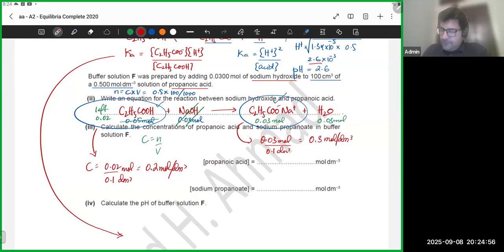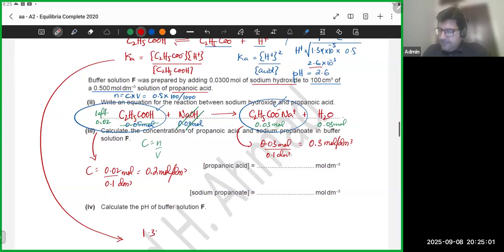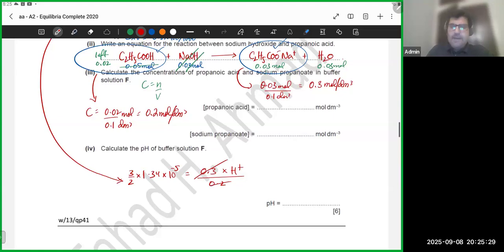So the Ka, I think it was 1.34 times 10 to the power minus 5. The conjugate base concentration is given over here, that's 0.3. And at the bottom it's the propionic acid concentration, which is given as 0.2, times H plus. So you just have to take 3 over 2 to the other side, and you don't even have to do the square root.